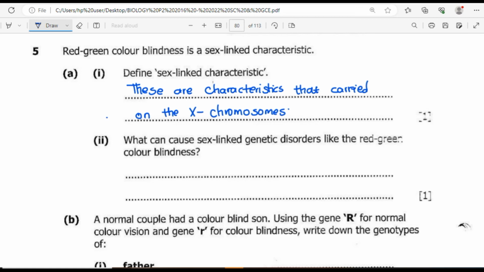This can be difficulty perceiving green, deuteranomaly, and difficulty perceiving red, protanomaly. In a simpler way, it's a condition where the receptors that are responsible for color have a defect.